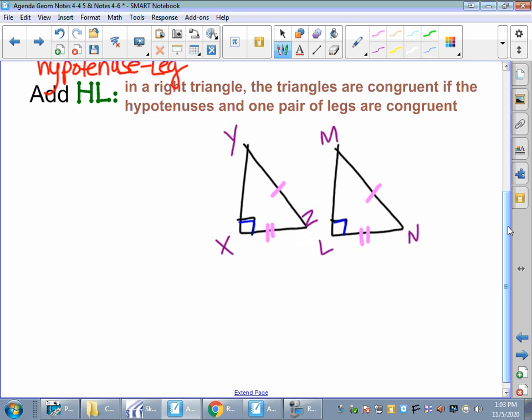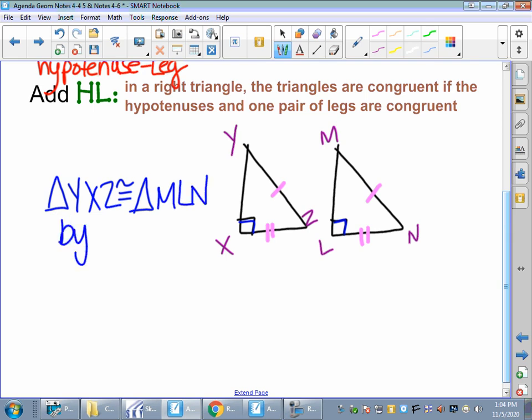So we say that triangle YXZ is congruent to the other triangle. Remember, be careful how you name it. If I name the first one YXZ, the second one has to be MLN. And those are congruent because of hypotenuse leg.